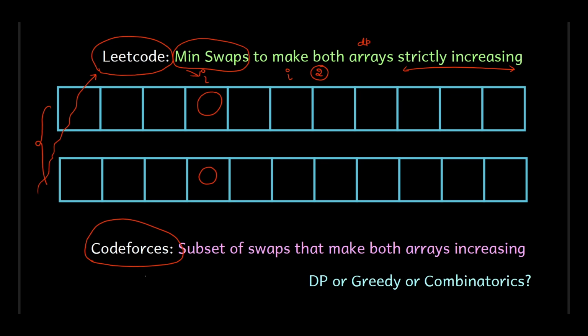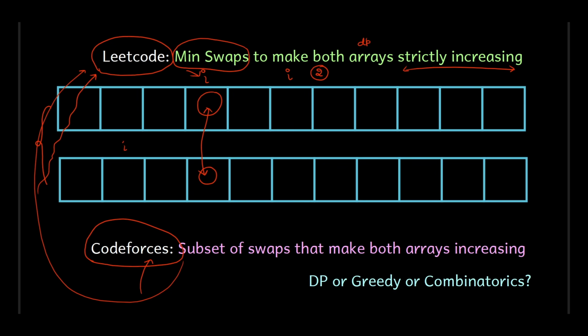And in the Codeforces problem, you are given the same setting, like you have two arrays and in one operation you can pick any index and then you can swap the elements present at these indices. And the Codeforces problem was asking you that instead of trying to minimize the number of operations, give me the subset of indices that you can choose.